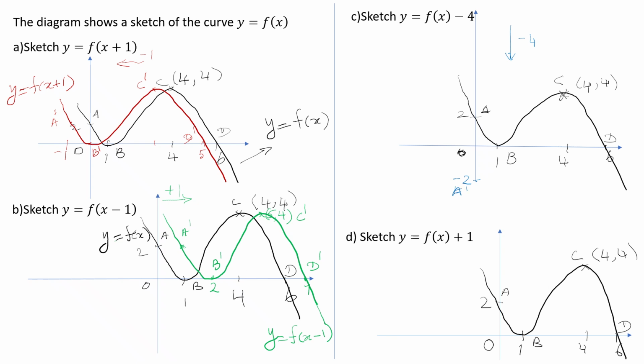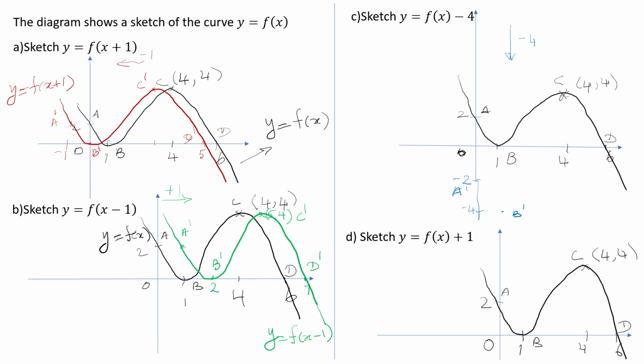Now the point B, y coordinate is 0, so the new y coordinate is -4. This is B dash.